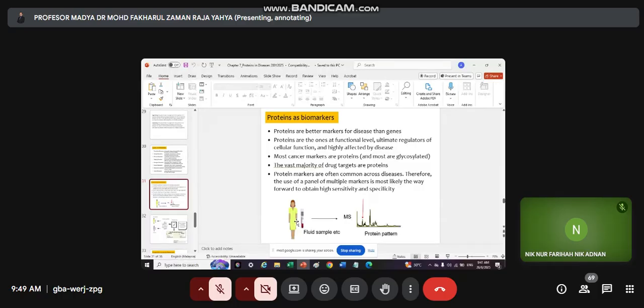So the body samples, like human serum, can be used for analysis, such as SDS and subsequently MS analysis. So MS analysis is to determine the sequence of amino acid based on the mass spectra. And comparing the mass spectra between normal and abnormal samples can help us in diagnosing disease, and also understand the current stage of disease.